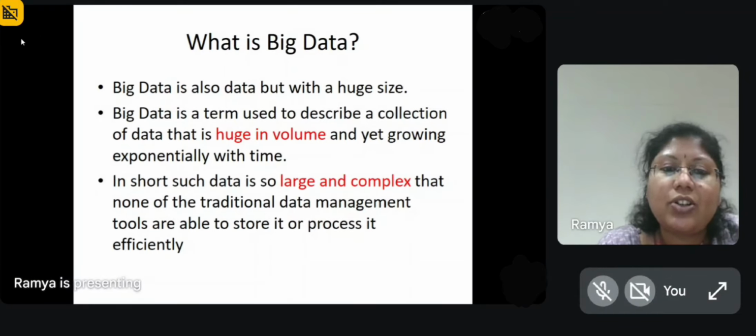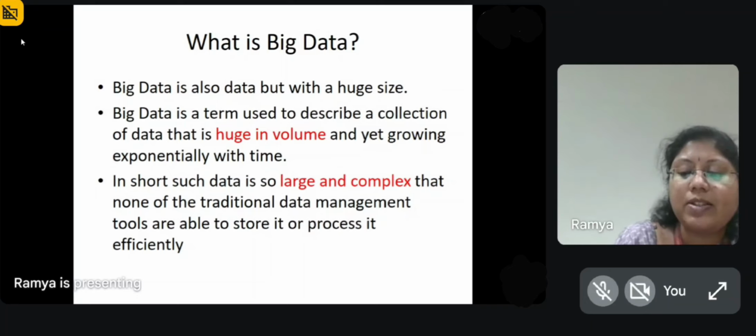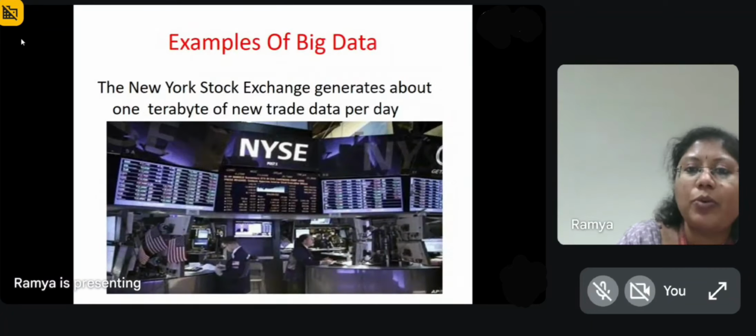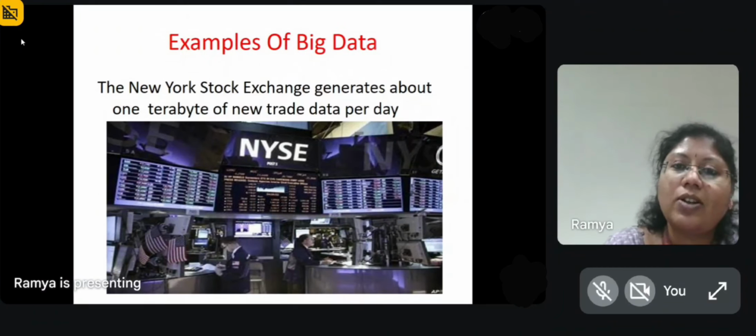In short, the data is so large as well as complex that traditional database management tools cannot store it or process it efficiently. In simple terms, if I need to handle a huge volume of data, my traditional database system does not support it. Instead, I go for the concept called big data. Before entering into the depth, we'll see examples of big data so that you will be able to understand more.